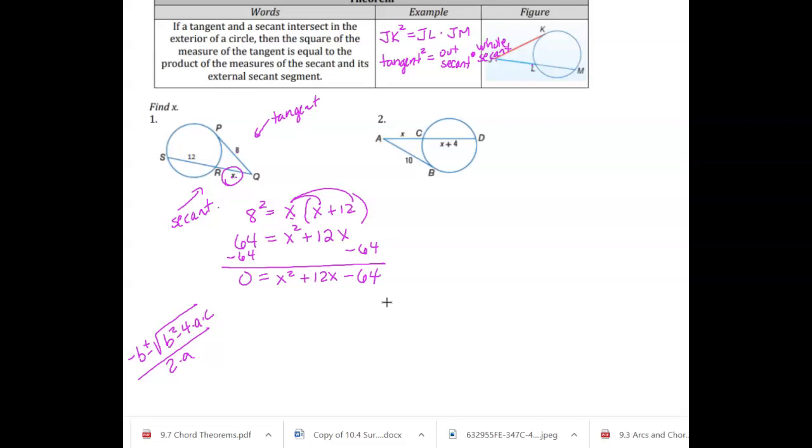All right, so we need the factors of 64, what times what, that will add to give us 12. So I just think 8 times 8. If I add them, I get 16. If I subtract them, I get 0, and I want 12. So I know those are not the factors. So I need to think of another number that divides into 8 because that'll also divide into 64. So I think of 4.